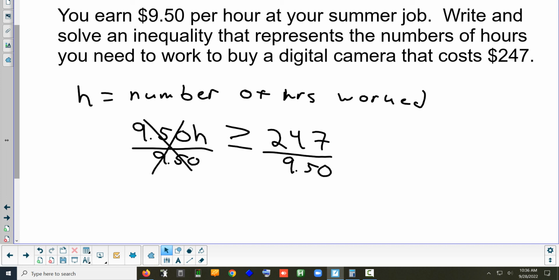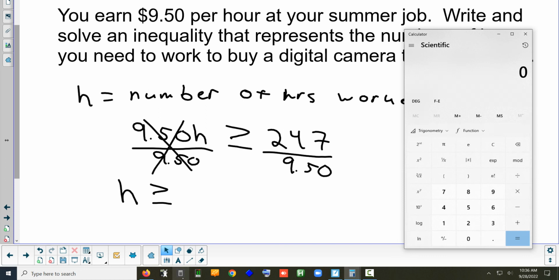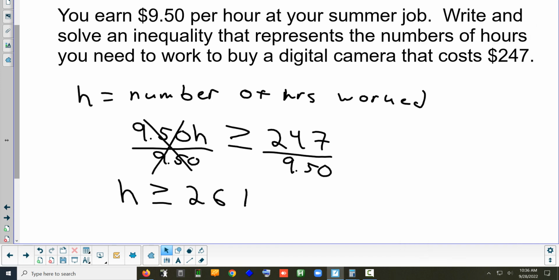I divided by a positive. So H is greater than or equal to, let's see how many hours we'd have to work. 247 divided by 9.5. So that would be definitely doable in 1 week. We'd have to work greater than or equal to 26 hours.